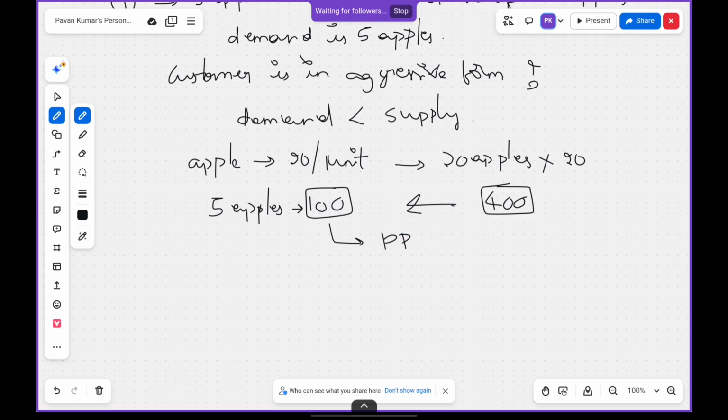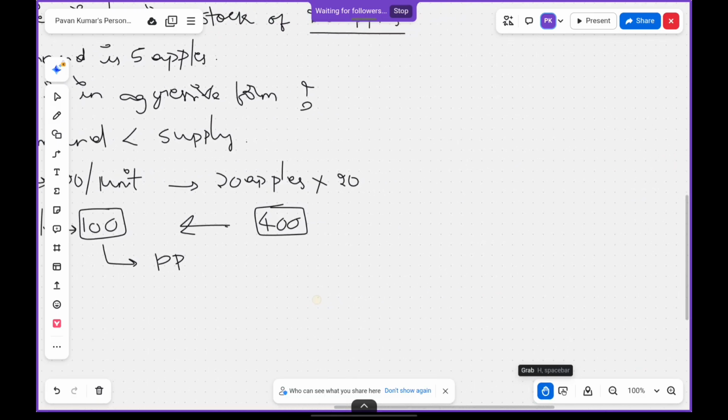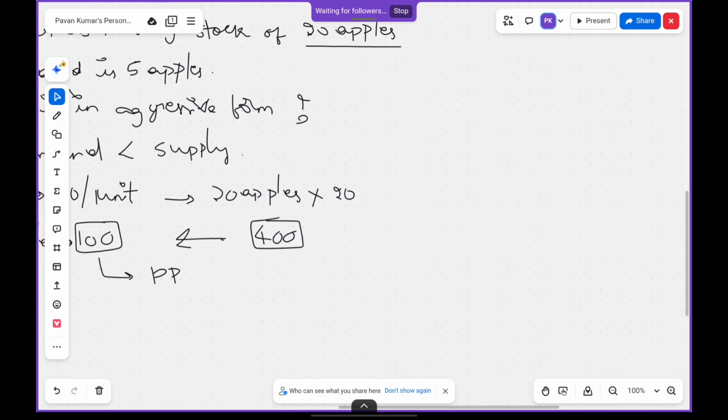So the supplier will try to enhance the budget of the customer by giving offers. What do I really mean by offer? The supplier will say, boss, instead of 5 apples, if you purchase 10 apples, I'll give 10 more apples as complimentary.